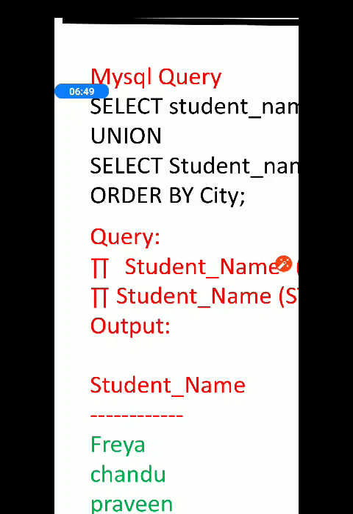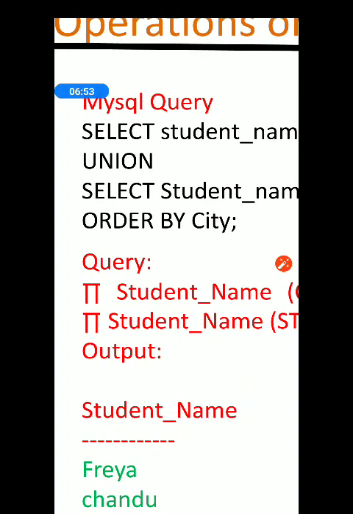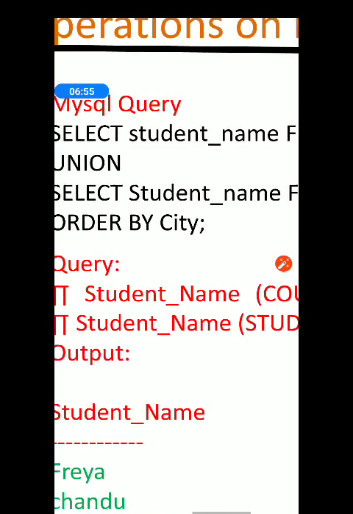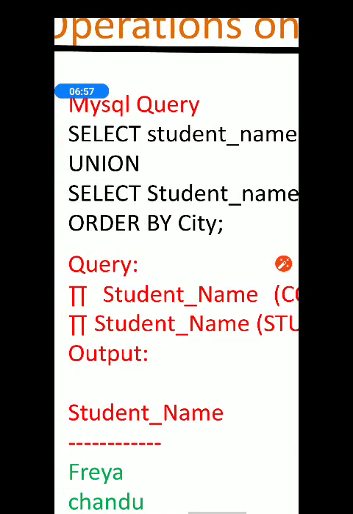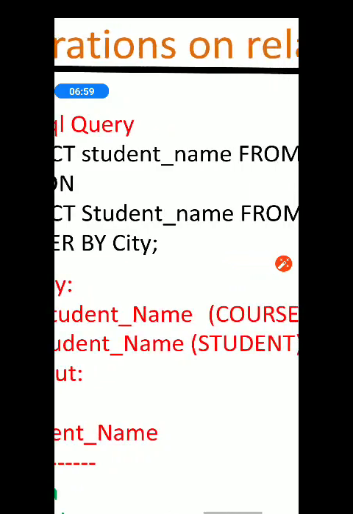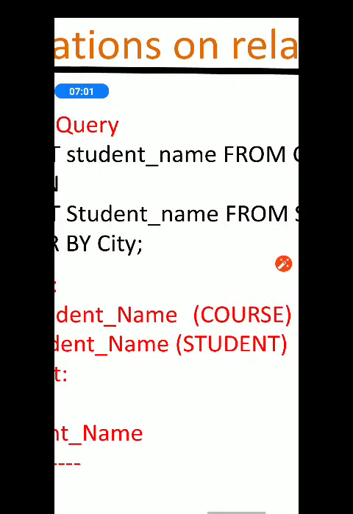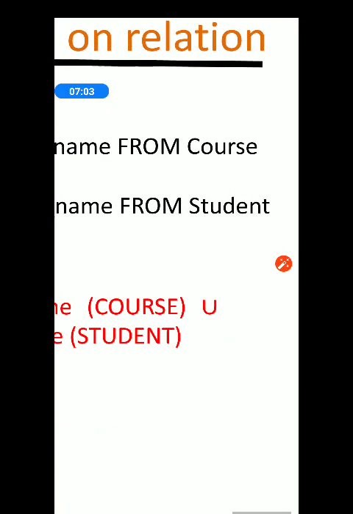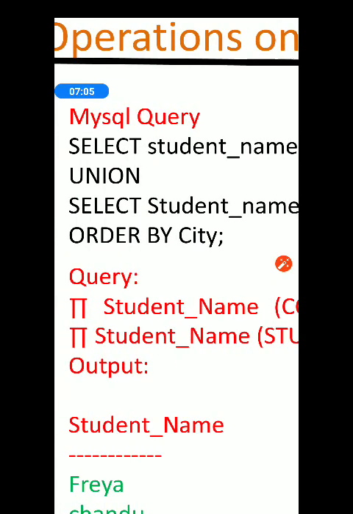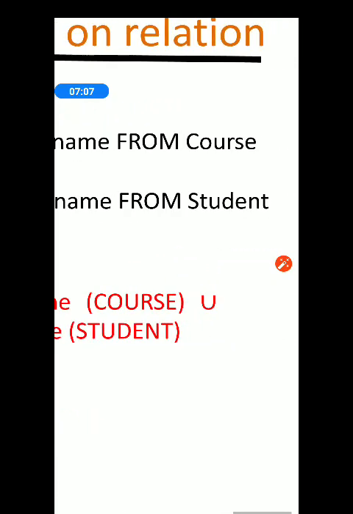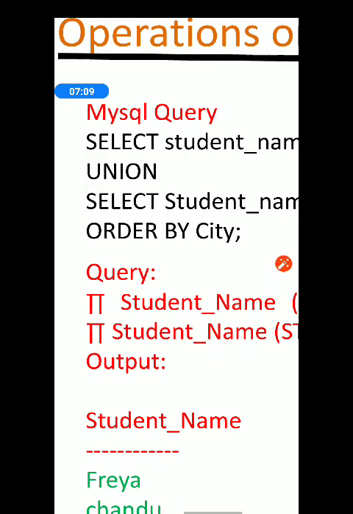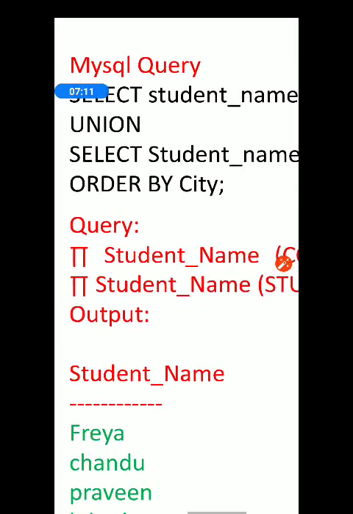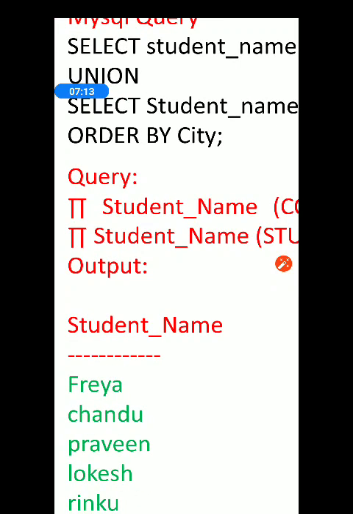So by the city it will order the student name from both the table. Okay, so please take down this example in your copy. The symbolic representation is given after that, no need to write that.